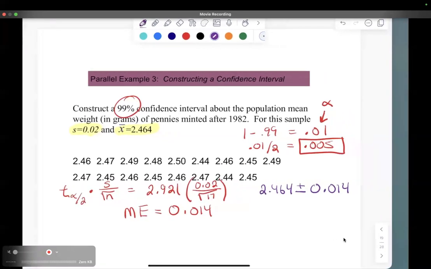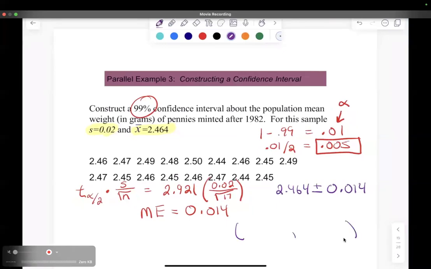So I'm going to put it in parentheses: 2.45 and 2.478. 2.464 is the mean. It's up here. So these are the two ways.